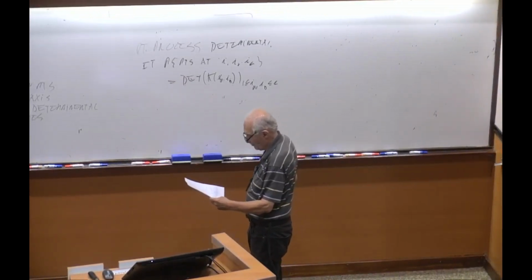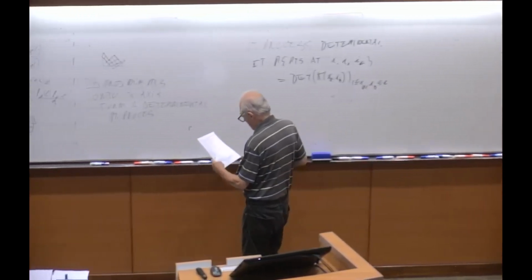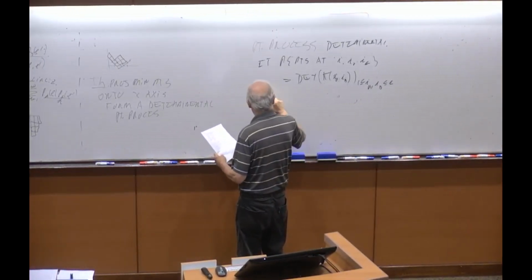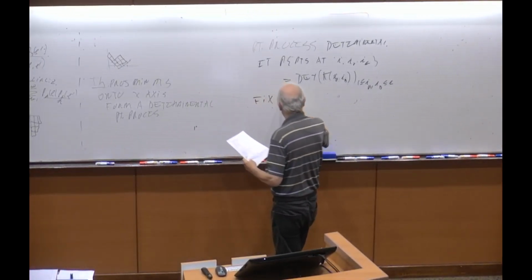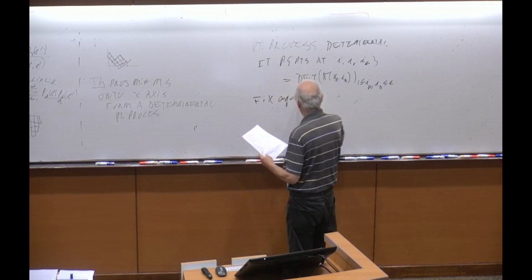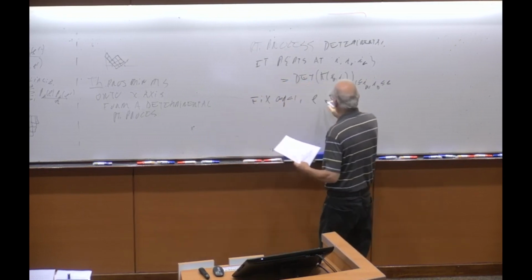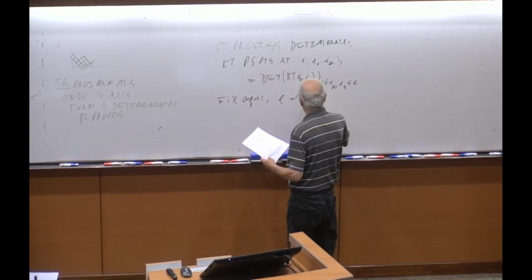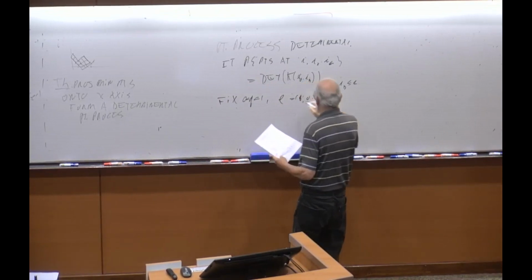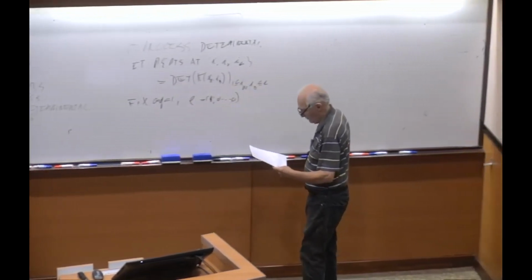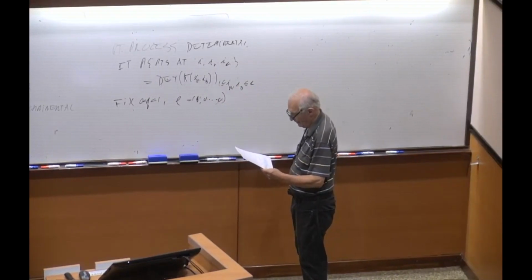So a very special case: fix q with 0 less than q less than 1, and take rho, the specialization, to be q and 0, that is, set one of the variables equal to q, and all of the other variables to 0.